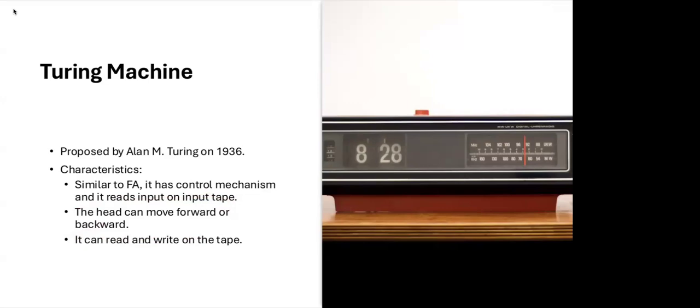So we can read input strings, but we can also go back to read a symbol that has been read before. And other than reading, it can write on the tape, so we can change the input string.